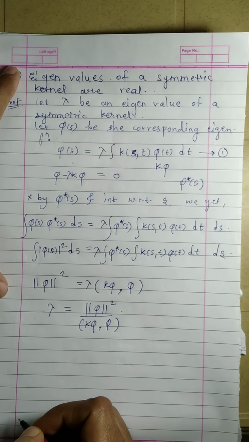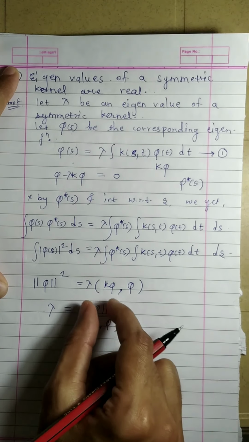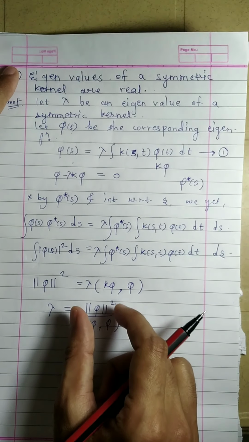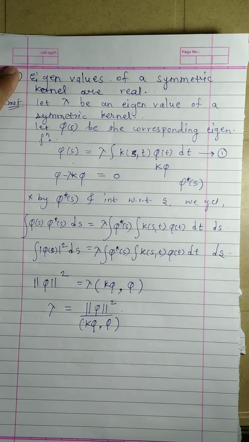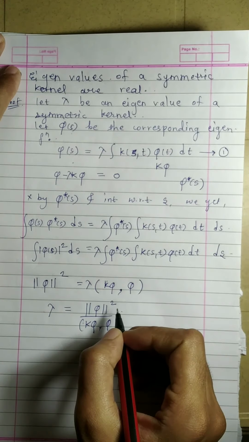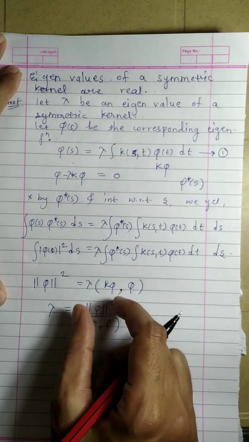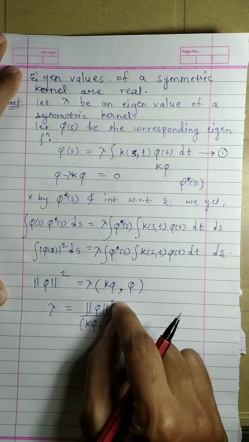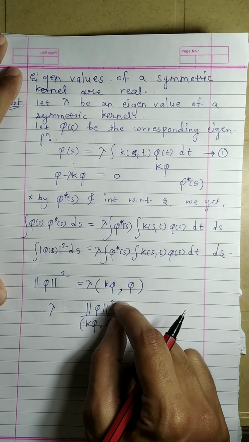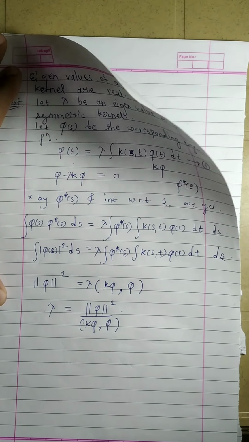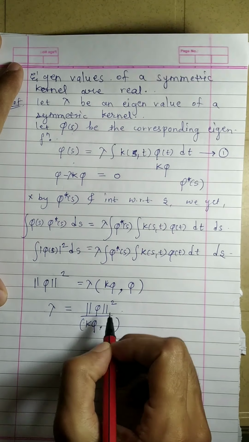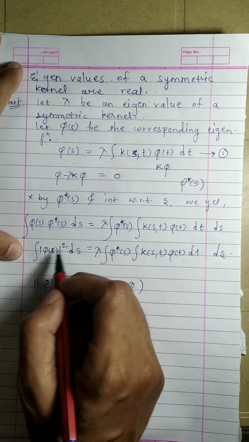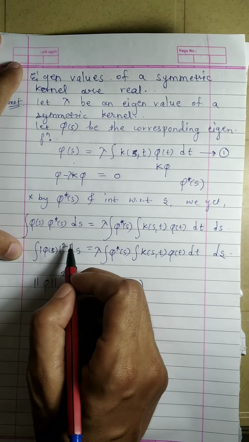Now it is clear that this term will be a constant. I cannot claim that it is greater than 0, but definitely this term will be a real quantity, because this is whatever the complex term is, its modulus squared.